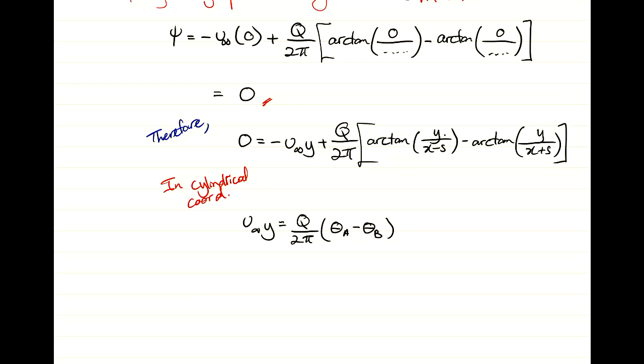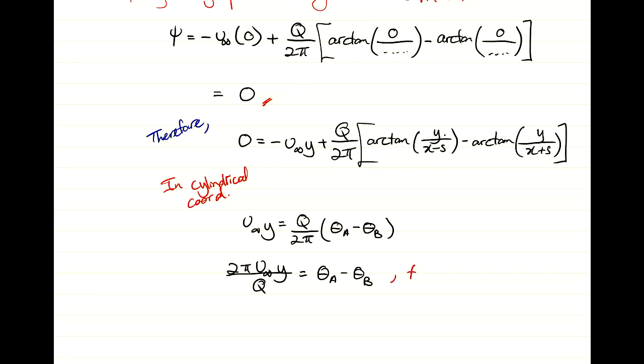Now actually I want to bring these terms to the left-hand side as well. Okay, so I'm going to get 2 pi u infinity y over q equal to theta a minus theta b. Okay, and I'm going to do the same trick which I did before.